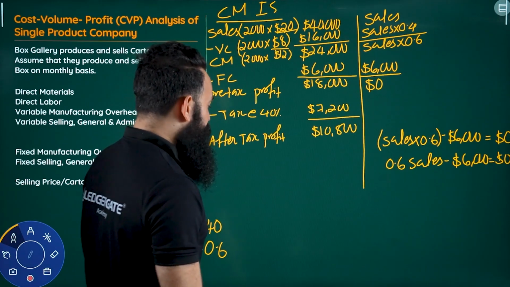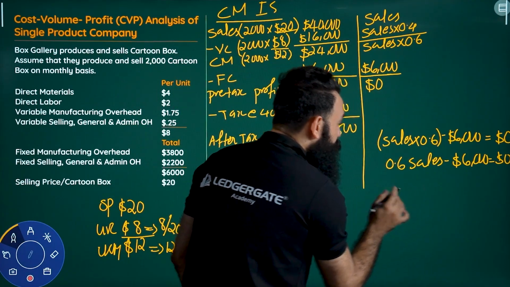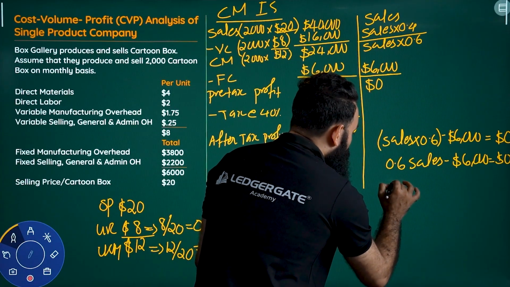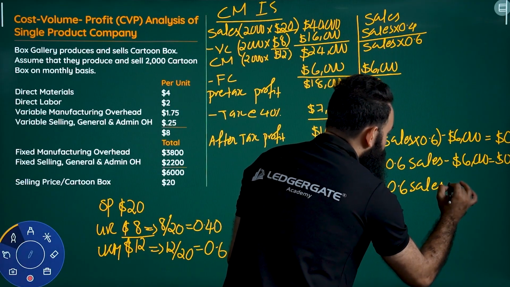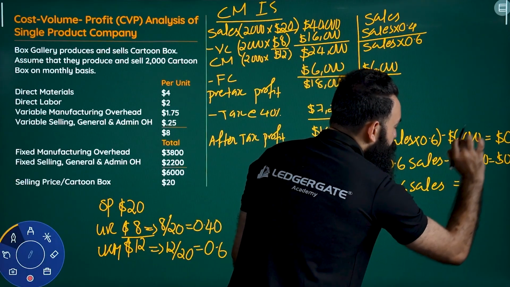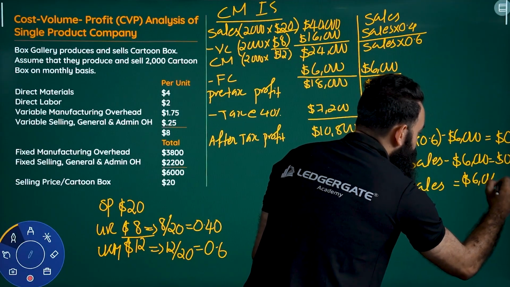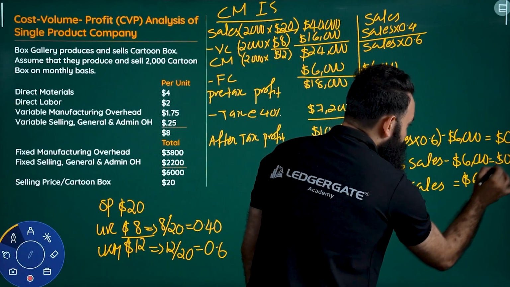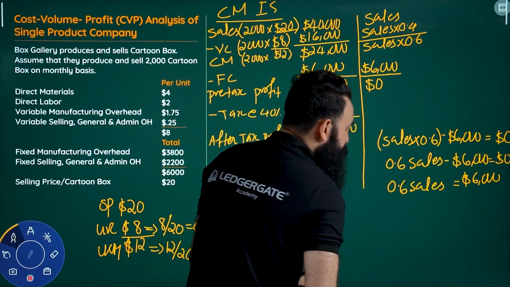So now it's time to calculate sales. 0.6 sales is equal to, now we can move to the respective areas, right? So now 0.6 sales is equal to what? We are bringing this to rightwards, right? So here it is minus, it will become plus right over there, right? And 0.6 sales equal to 6,000. Here it's already 0, there is no value for 0. So 0.6 sales equal to $6,000.